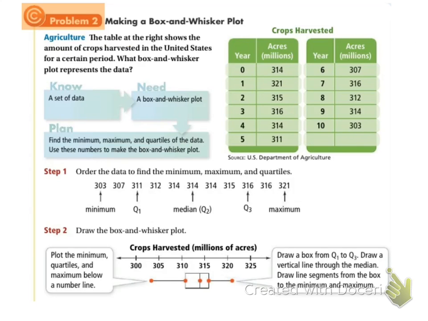Okay? So we're going to try to make our own box and whisker plot. They do it in the book. But we're just going to do it on our own. So here's our data. This is the monthly sales in millions of dollars of audio devices. So first thing we do is write them in order.